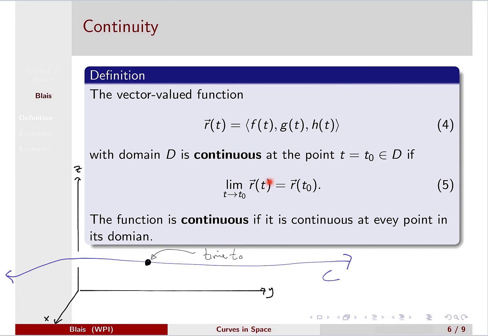So the limit, first of all, has to exist, and the limit has to equal r of t naught. This translates into the idea of no hole and no jump at this point here at time t naught.